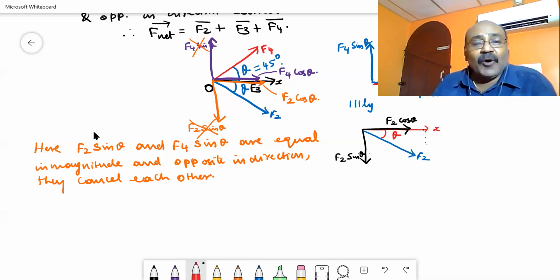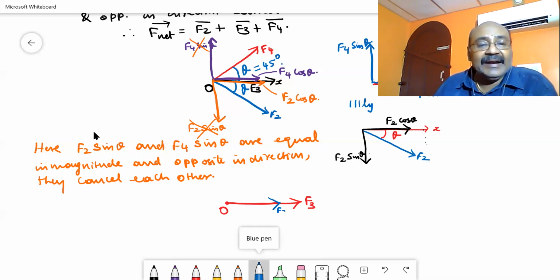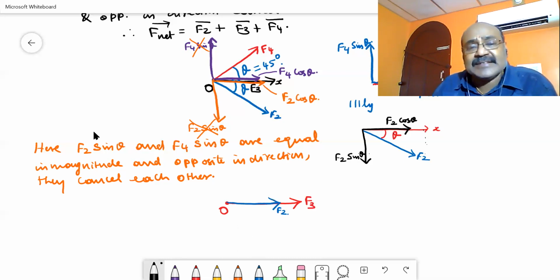See, at the point O, you are having F3 acting in the direction along the x-axis. Then F2 also acting in the same direction. And we can consider there is F2 cos theta acting in that direction, and F4 cos theta acting in the same direction.